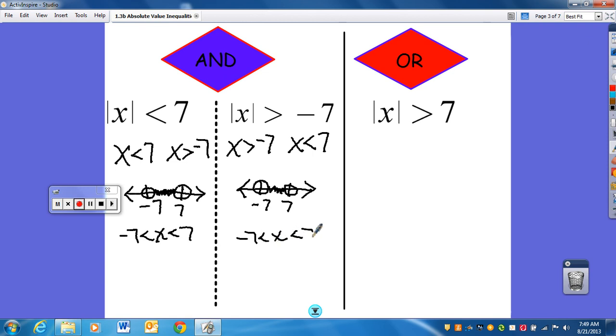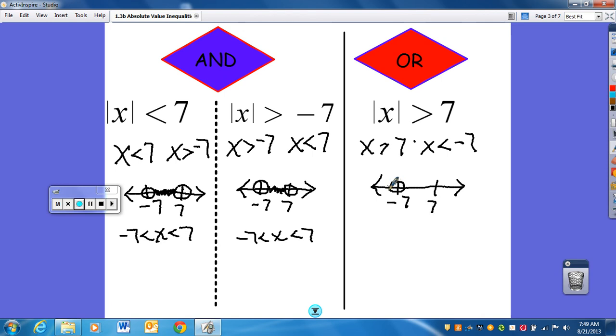What happens if we have the absolute value of x is greater than just 7? So let's write out our two situations. We have x greater than 7, and we have x being less than negative 7. If we graph that on the number line, we can see that we have our negative 7 and our positive 7, and both of these have open circles.